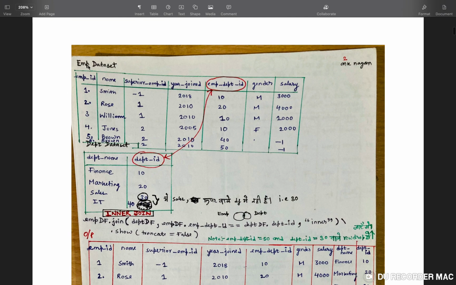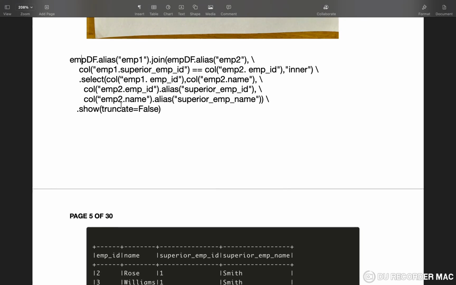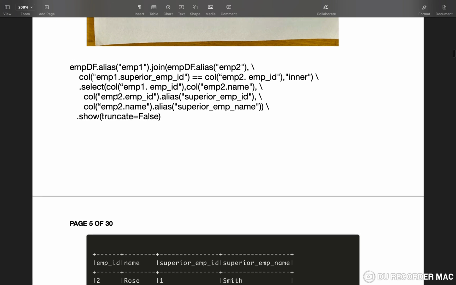So we just rename it twice as employee 1 and employee 2 in the self join, right? Hope you will be able to understand that. And later we selected column employee 1 का employee id and column employee 2 का name, and then column employee 2 का employee id, which is aliased as superior employee id, and column employee 2 का name aliased as superior employee name.